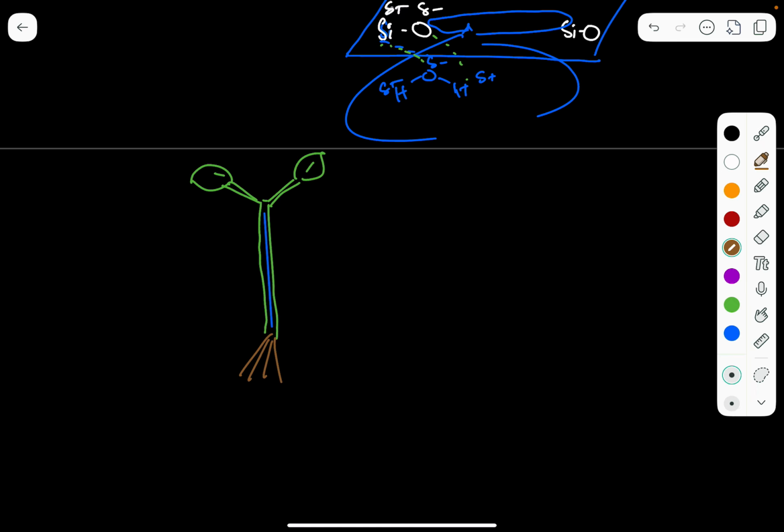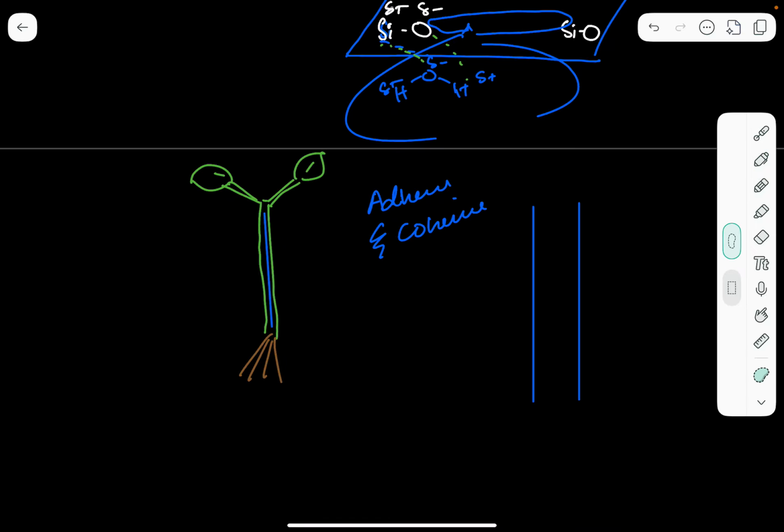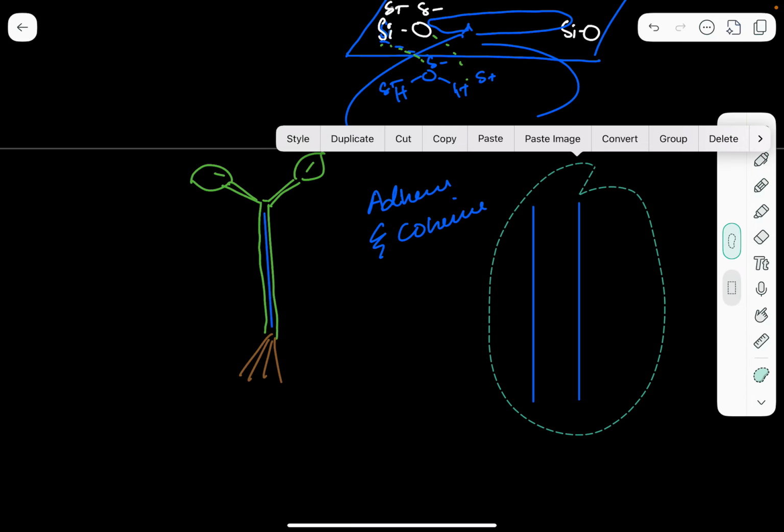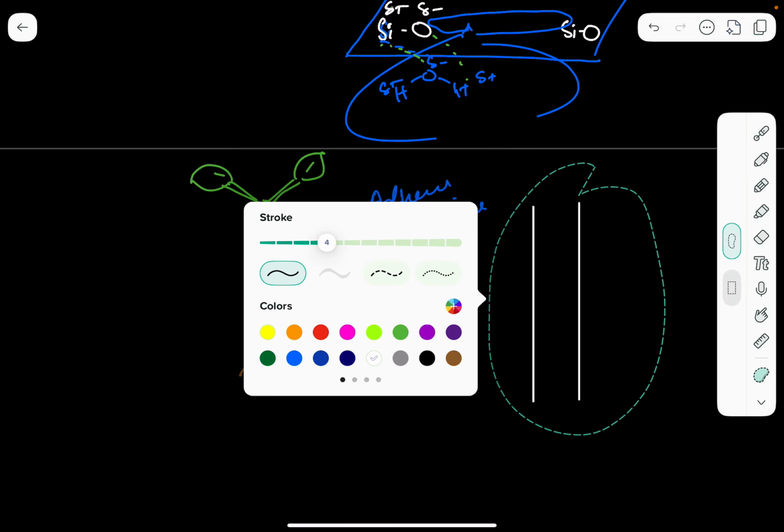Now, for water to go up, it's not only using adhesion, but it's also using cohesion. How? So this is let's say a xylem vessel. Right? Water is effectively working against gravity. If you're going up, you're working against gravity, correct?